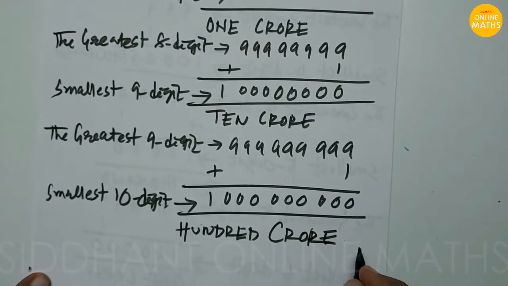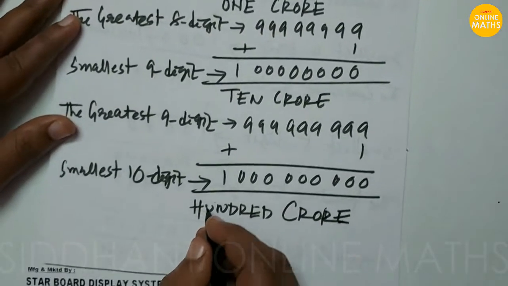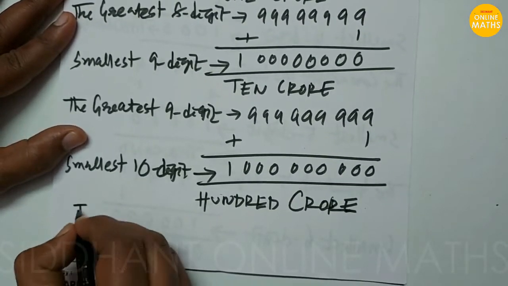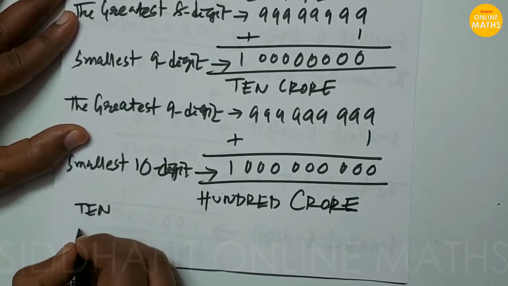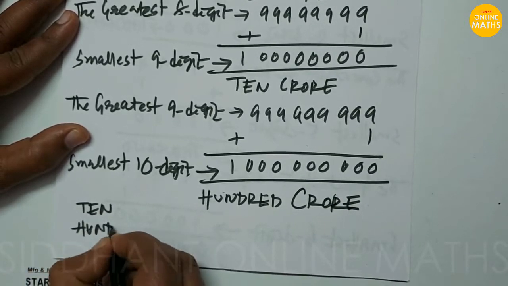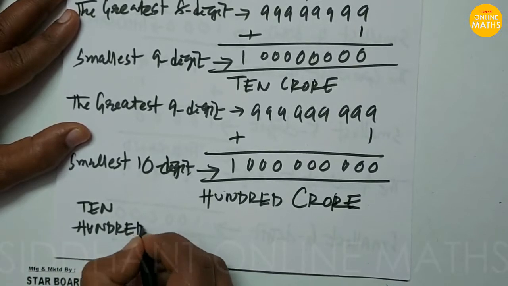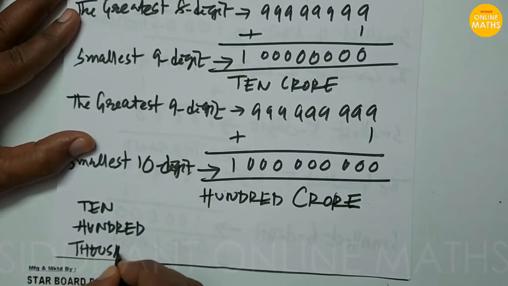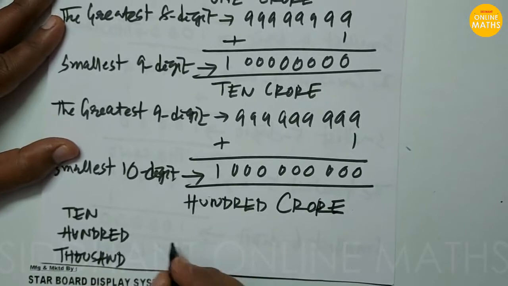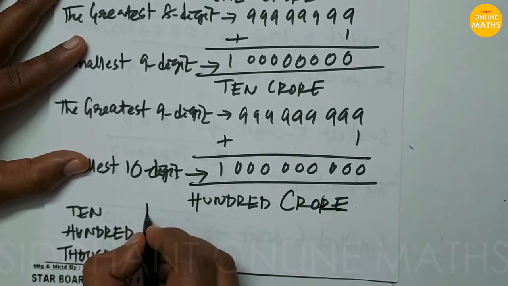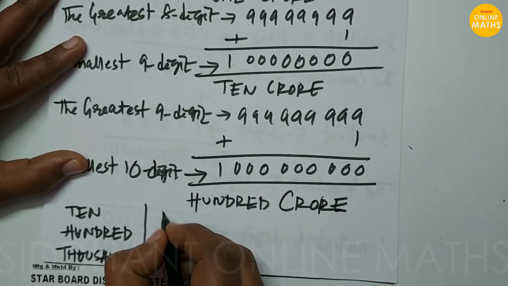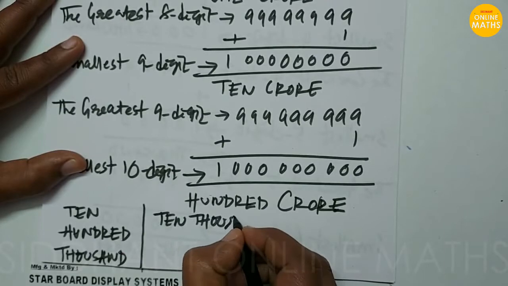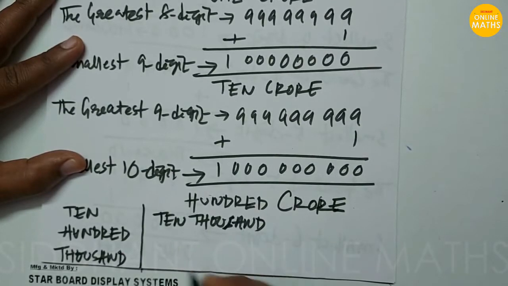So in this way, we see the continuing of the reading of numbers. First we read 10, after that 100, after that 1000, after that 10,000.